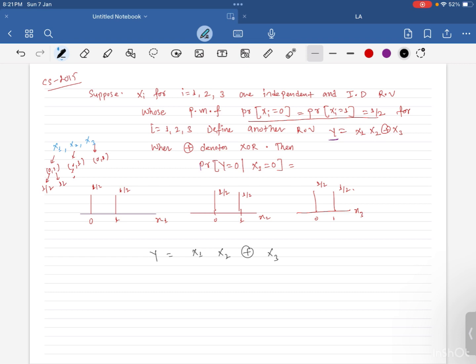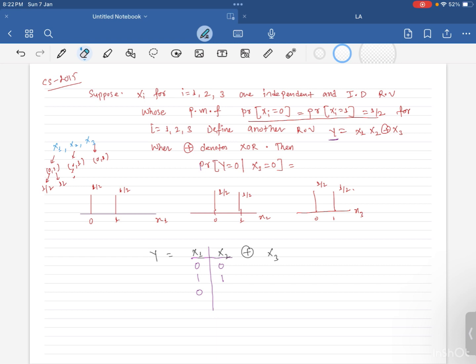What could be the value of this y given all possible values of x1 and x2? Let's find out. What are the values that y can take? x1 may be 0 and it could be 1, and with this x2 it could be 0 and it could be 1.